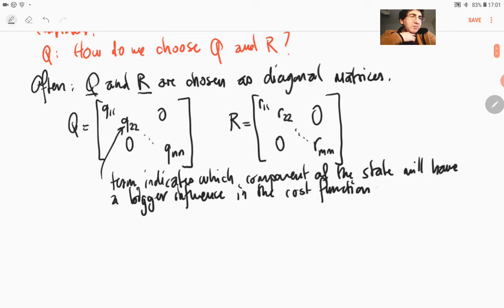So the optimization will be much more aggressive on that component of the state vector and pushes that one much faster to 0 so that the cost function does not increase that much.